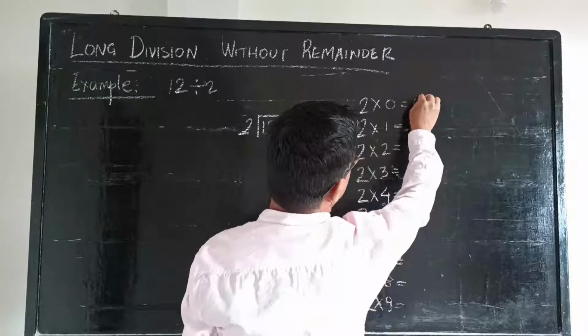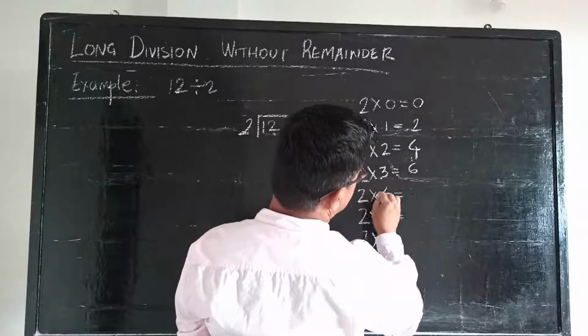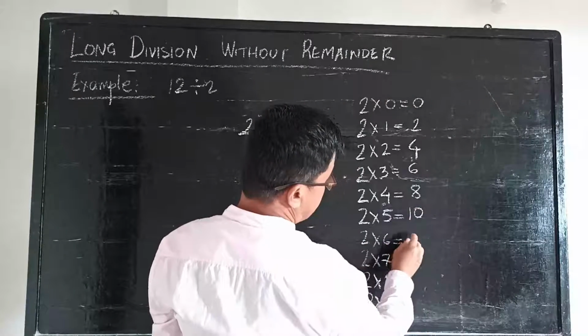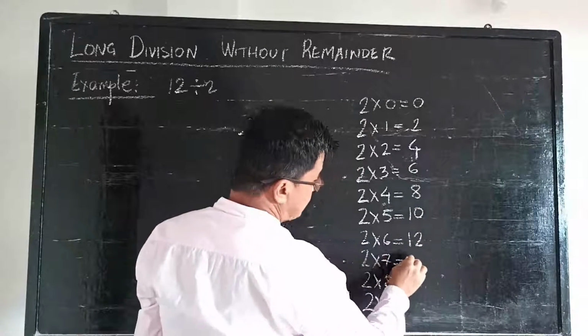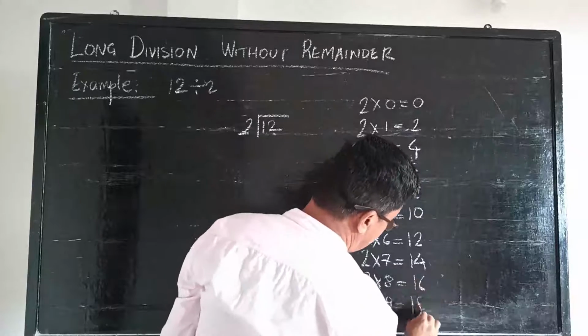Two zeros are 0, 2 ones are 2, 2 twos are 4, 2 threes are 6, 2 fours are 8, 2 fives are 10, 2 sixes are 12, 2 sevens are 14, 2 eights are 16, 2 nines are 18.